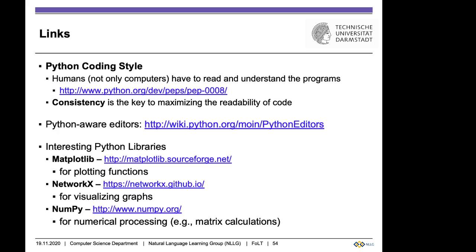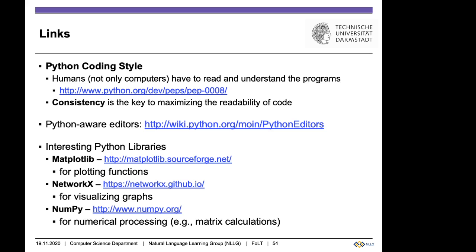Here there are a lot of useful resources for coding, for example, to learn how to make your code understandable and readable. There are some Python editors, and also commonly used Python libraries for plotting functions, visualizing graphs, and matrix calculations.